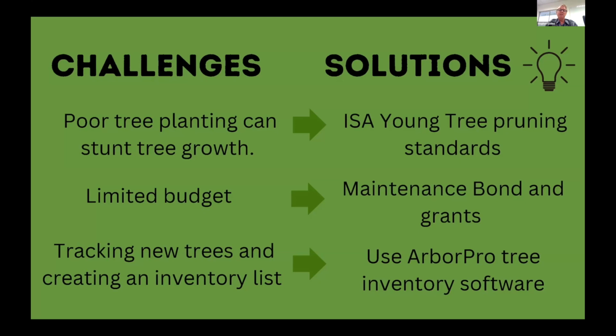Common challenges that we run into: we have about 2,000 trees in our inventory. I could take you to 300 trees easily that were planted poorly in all kinds of different ways.